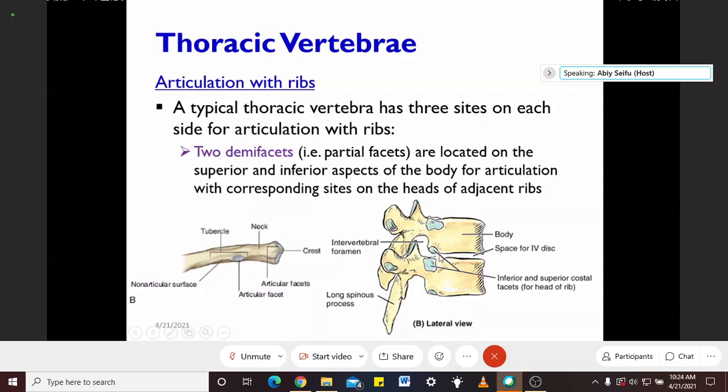That means a single rib articulates with the inferior demi-facet of the superior vertebra and the superior demi-facet of the inferior one.